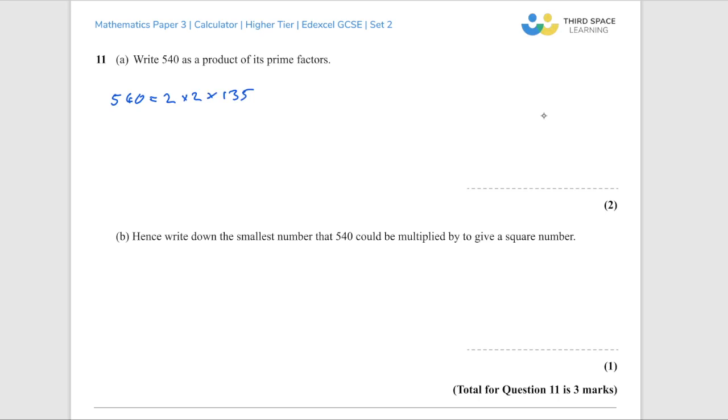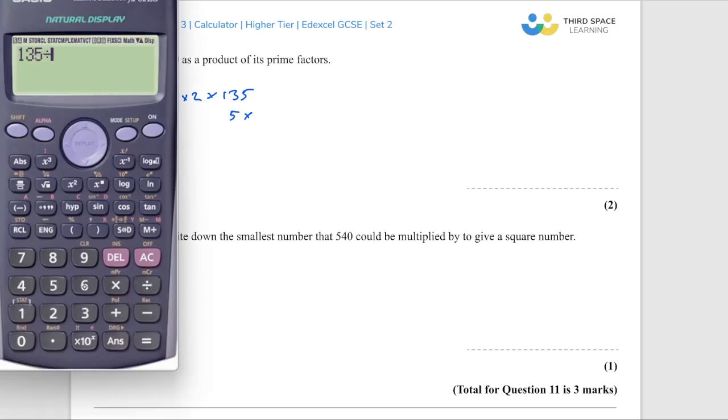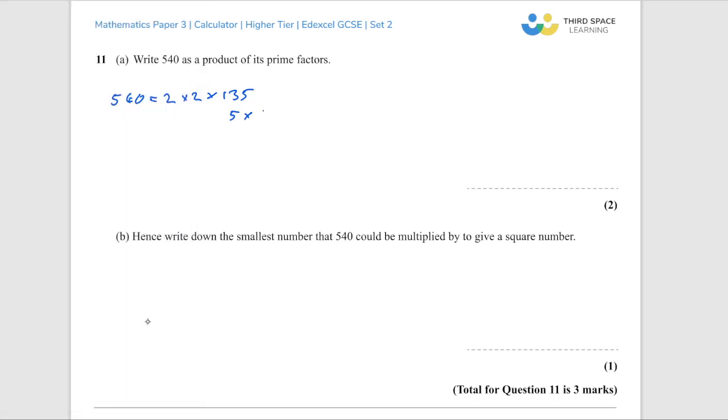Then 135 is equal to 5 times 27, which is 3 times 9, which is 3 times 3. So overall, that's going to give me 2 to the power of 2 times 3 cubed times 5.